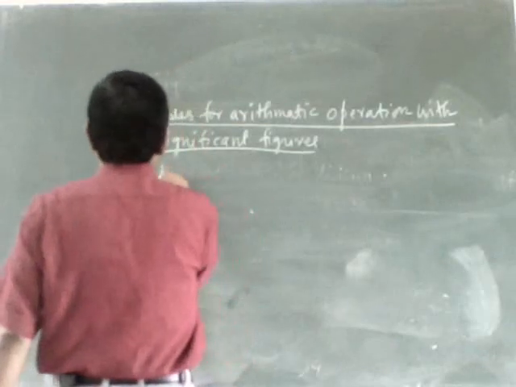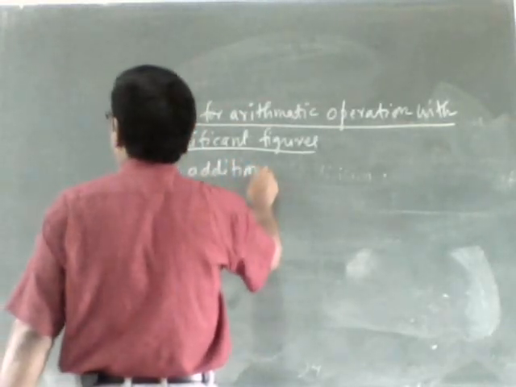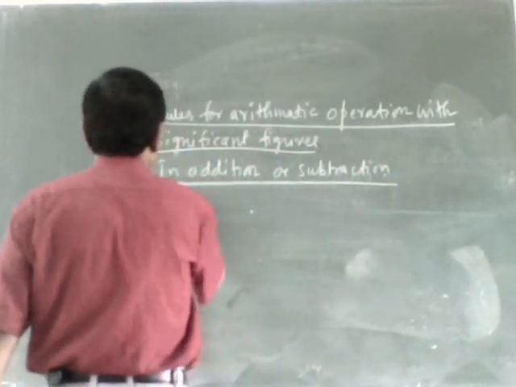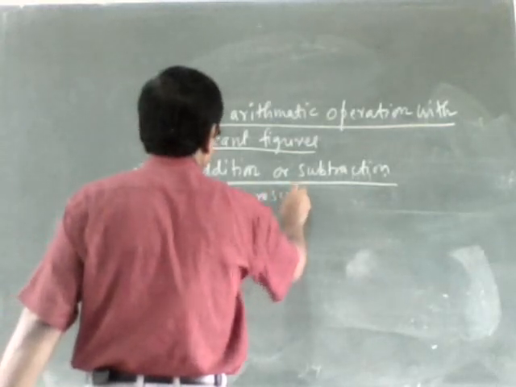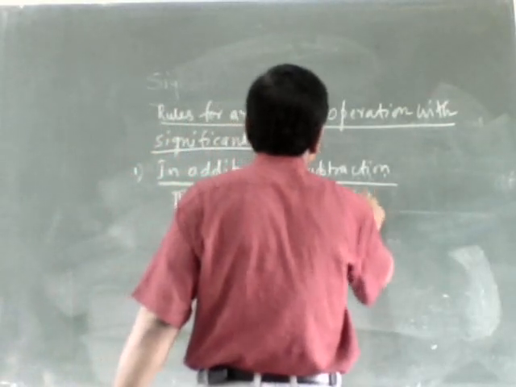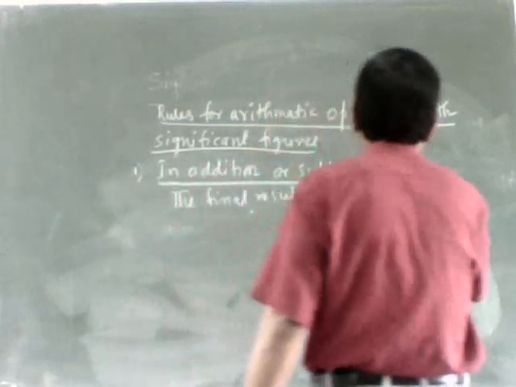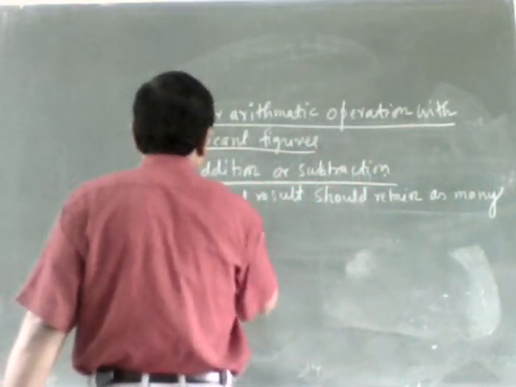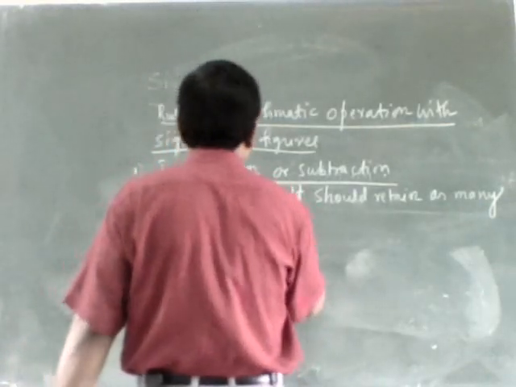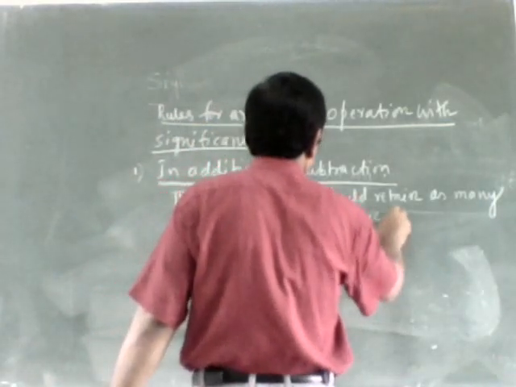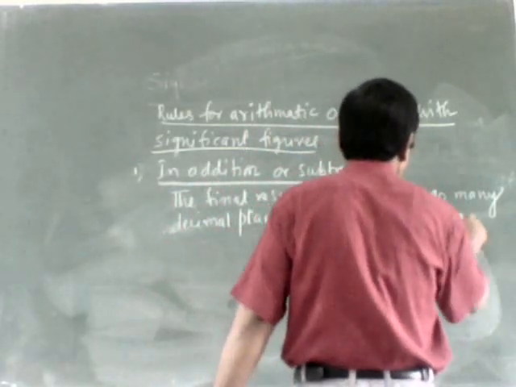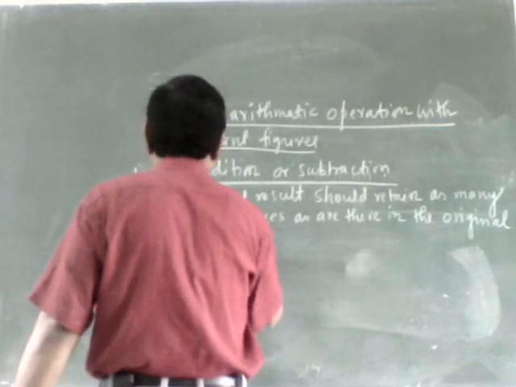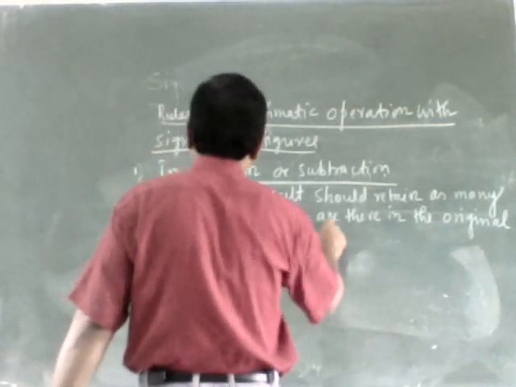For addition or subtraction, the final result should retain as many decimal places as are there in the original number with the least decimal places.